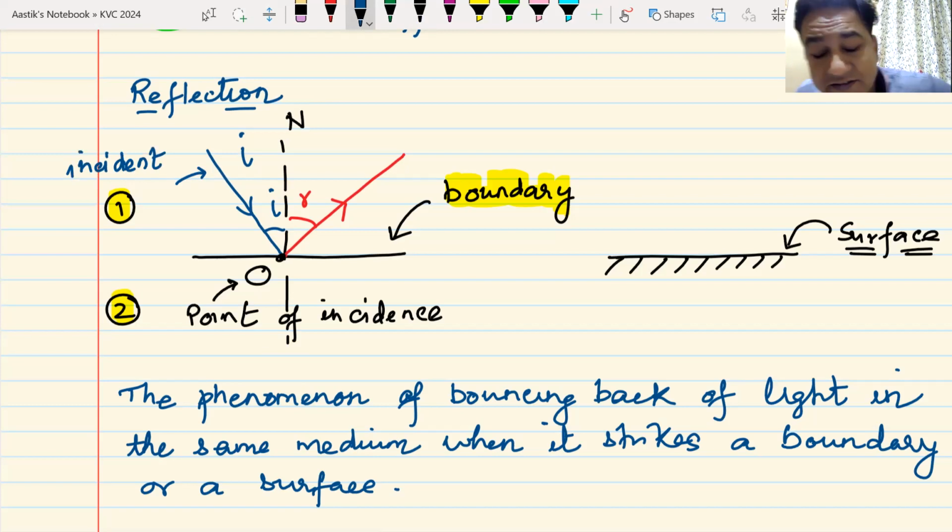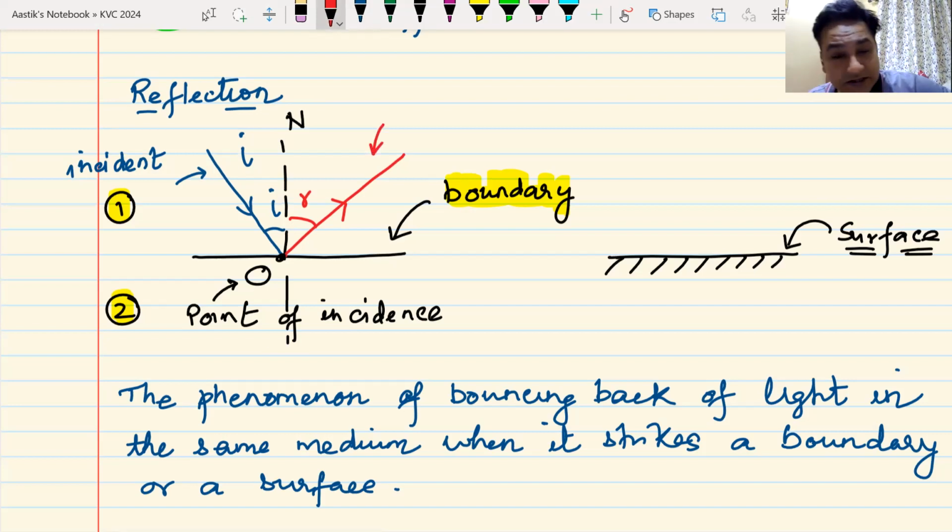So, point of incidence is the point where the incident ray strikes the surface, or the boundary between two mediums. Incident ray is the ray which is striking. The point where it strikes is known as the point of incidence, which in this case is the black O. Then you have the reflected ray, the ray which bounces back.